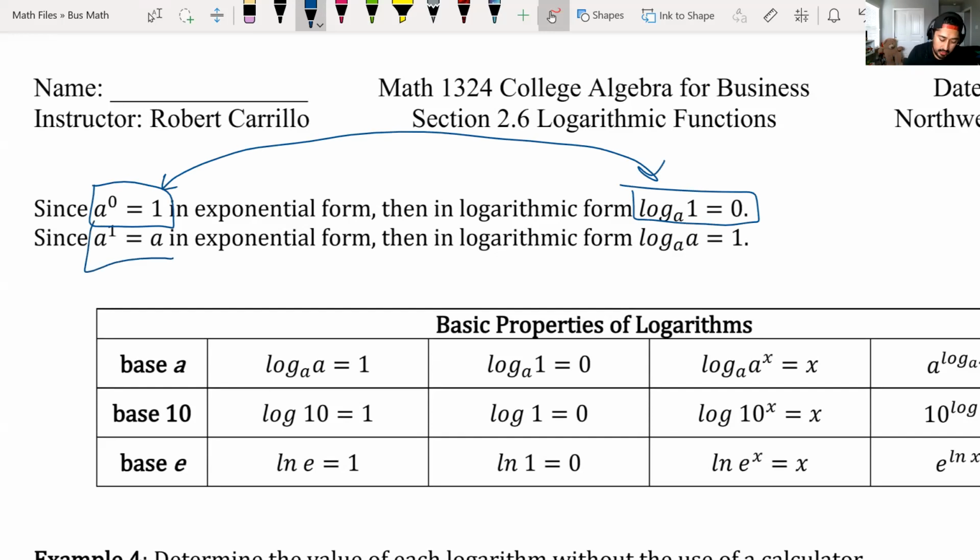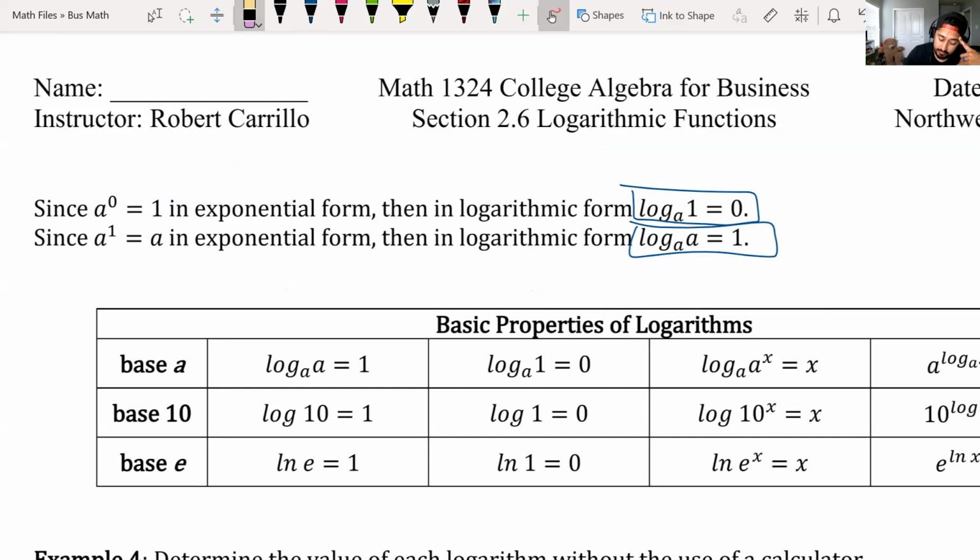Same thing below. Anything raised to the first power is itself. Convert that to a log, and you get that log base a of a is always 1. So if the base matches the number inside the log, the answer is always 1. And those, of course, stem from exponential properties because they are inverses of each other.